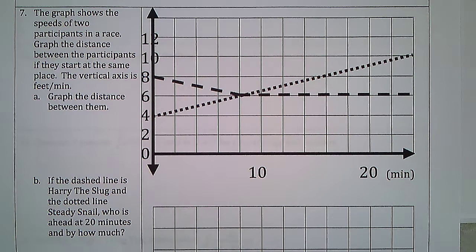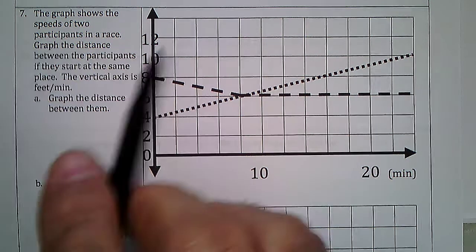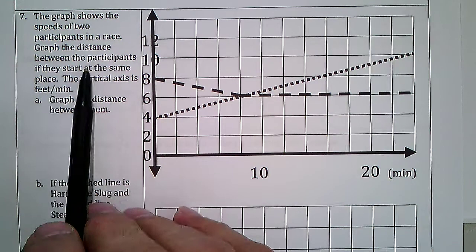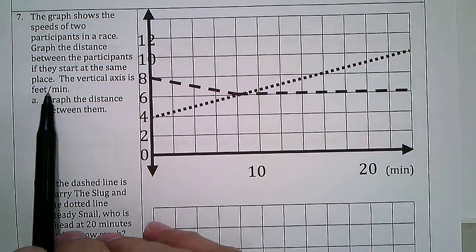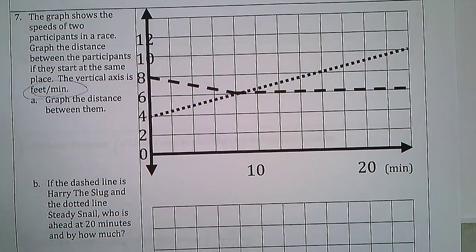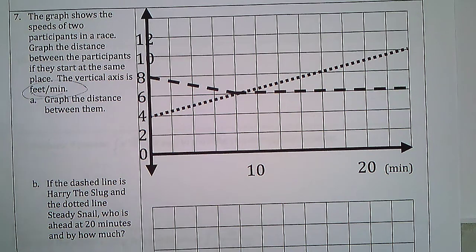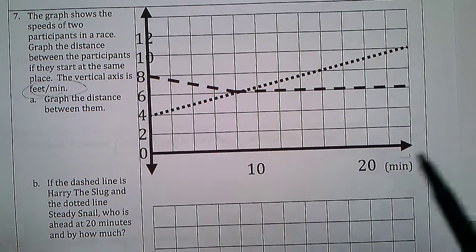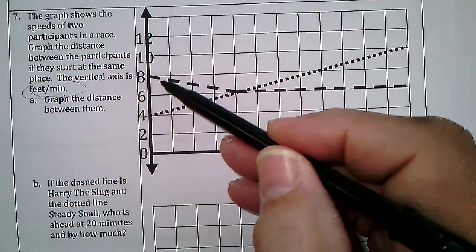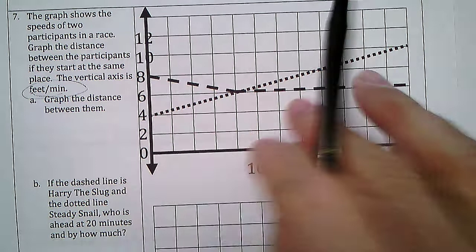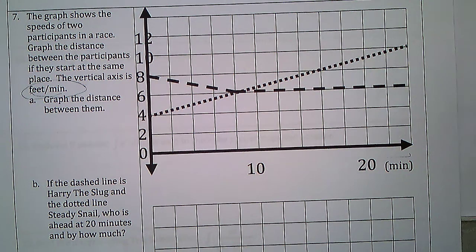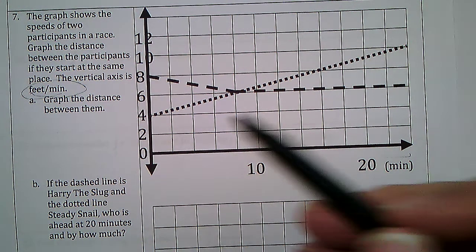All right. So remember, when this is a velocity graph, and this is velocity, it's in feet per minute, and horizontally, this is the minutes. So the area under the curve is how far that one travels, the change of distance.